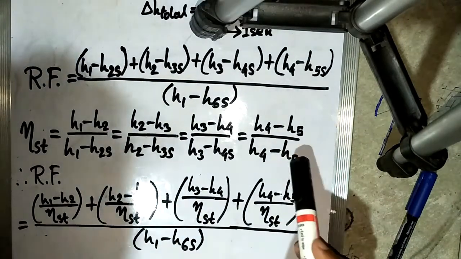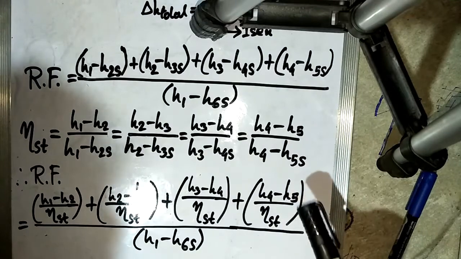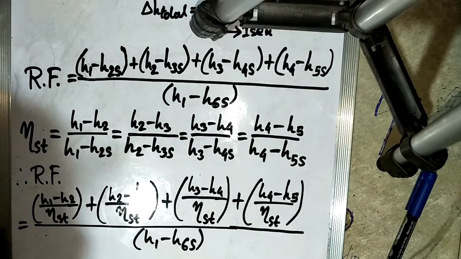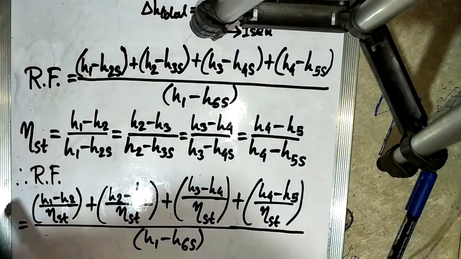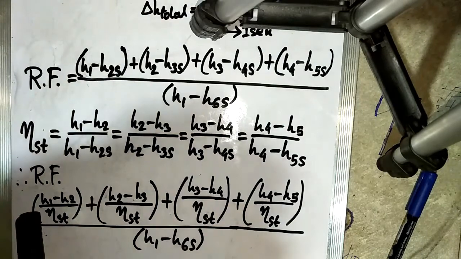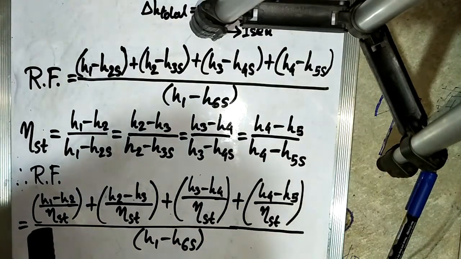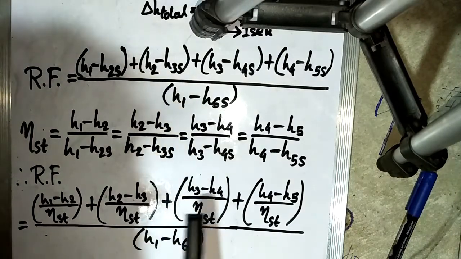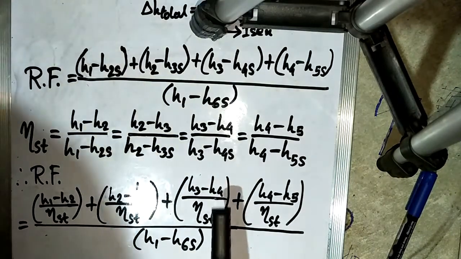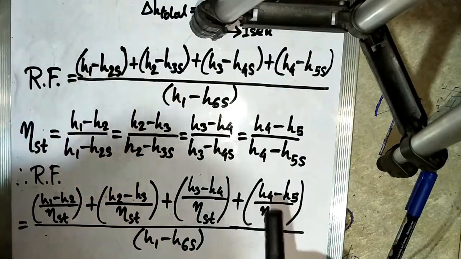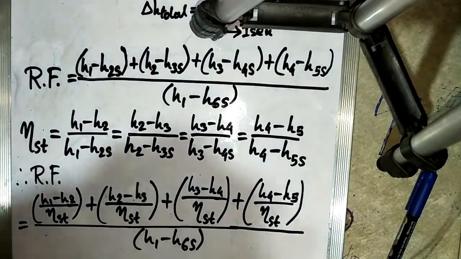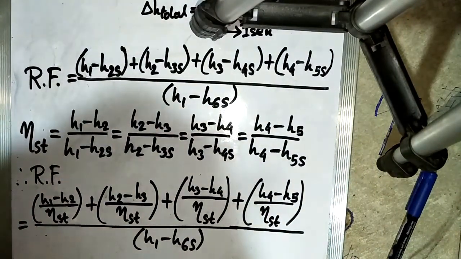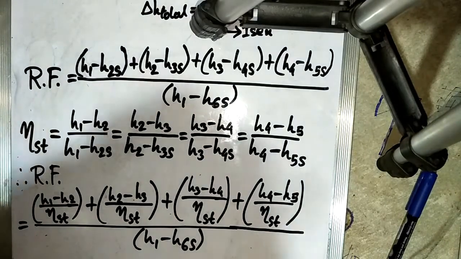From these expressions, we can substitute the isentropic enthalpy drops in the reheat factor. So the reheat factor equals H1 minus H2 by the stage efficiency, plus H2 minus H3 by the stage efficiency, plus H3 minus H4 by the stage efficiency, plus the actual enthalpy drop for the fourth stage by the stage efficiency, divided by the total isentropic enthalpy drop.